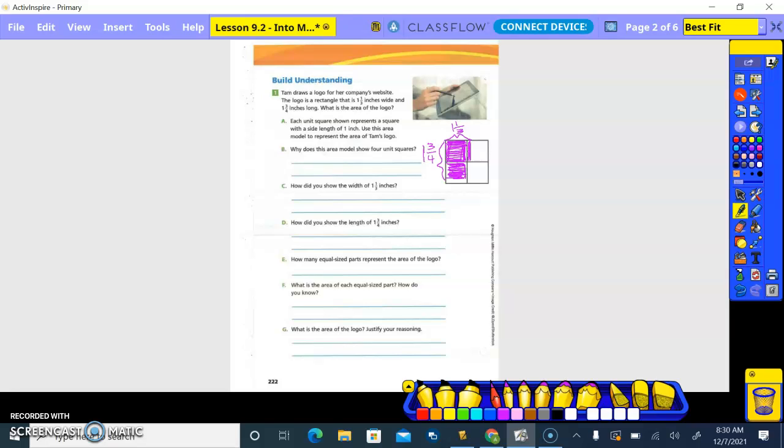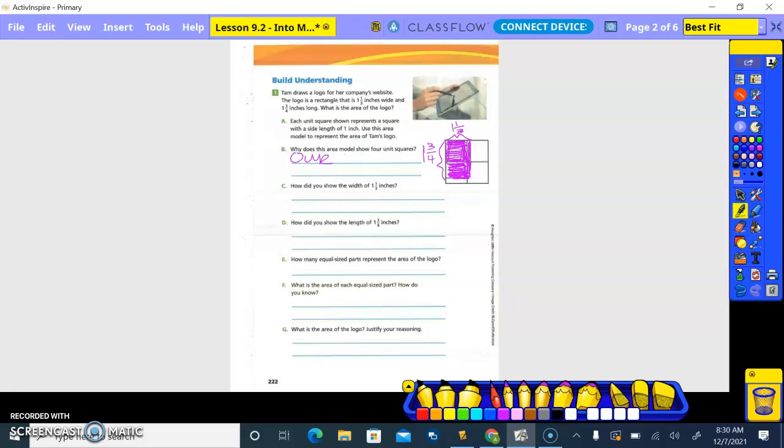Oh, I forgot to go down into here. Sorry. So that's where we should have all colored in, right? Okay. So basically it has the 4 unit squares because our number is greater than 1 but less than 2, right?